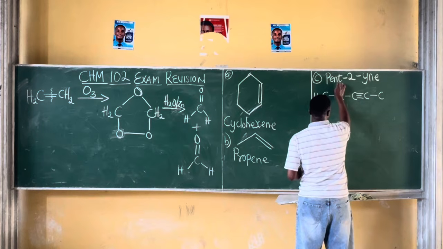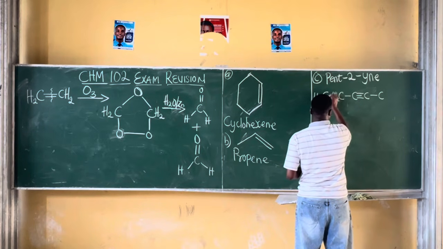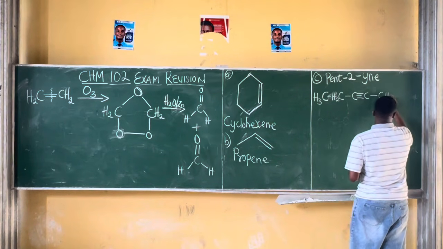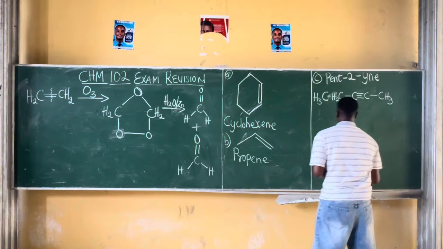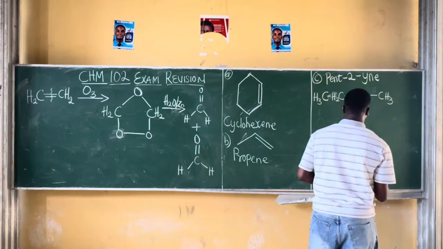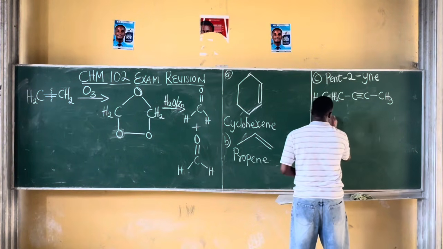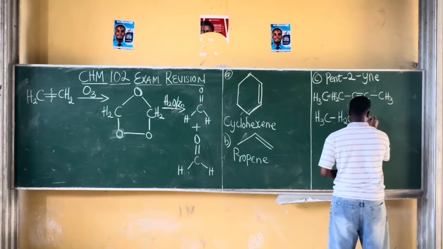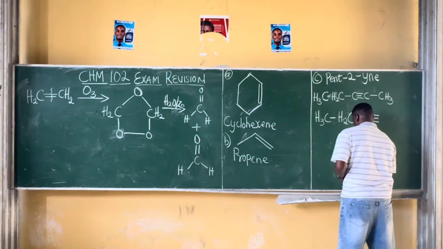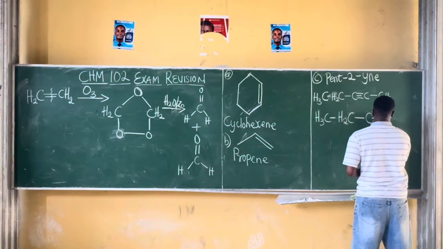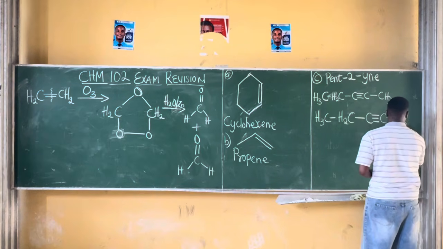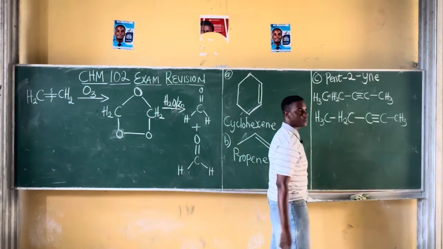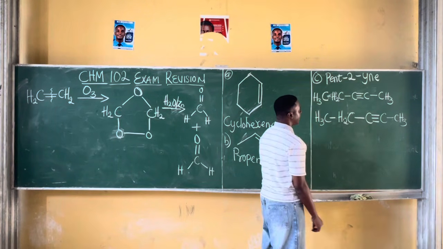So we put the triple bond here. All right, so this is the structure of pent-2-yne down here. So that's the structure.